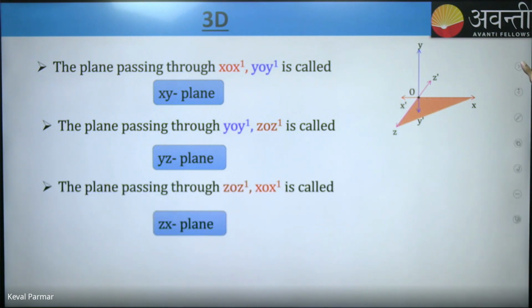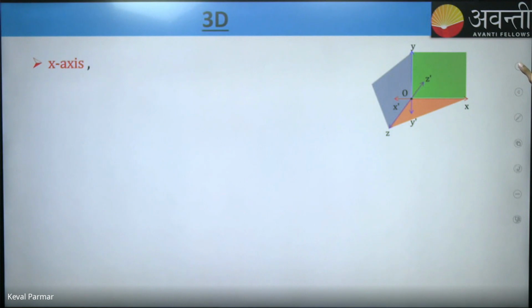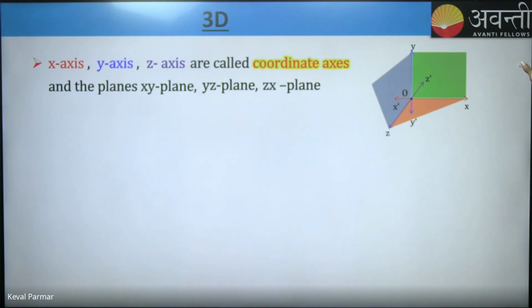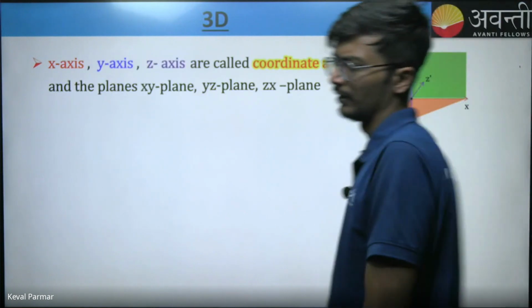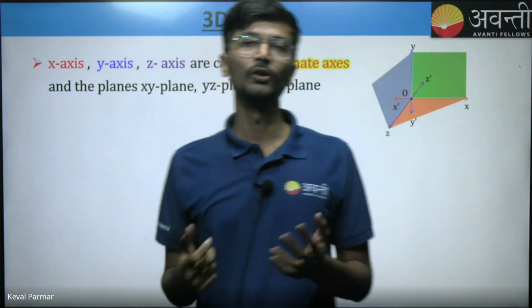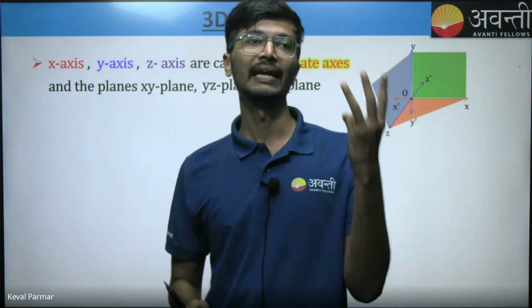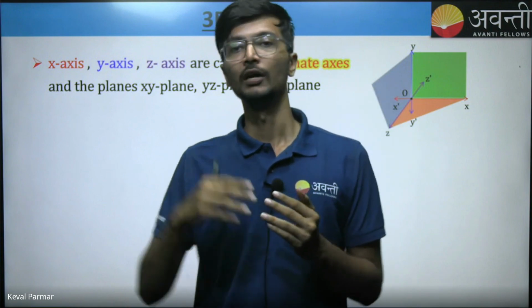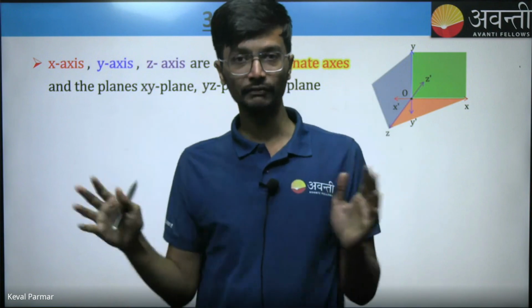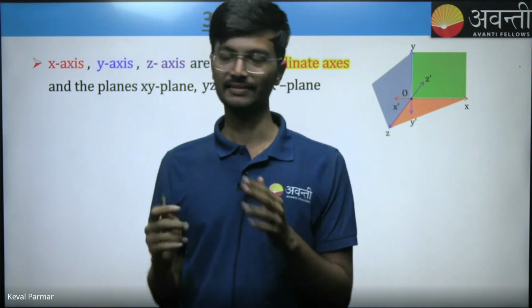And third is the XZ plane, which is formed by the x-axis and z-axis. So these three axes are called coordinate axes, and these three planes, that is XY, YZ, and XZ, form the coordinate planes, which together form a 3D coordinate system.